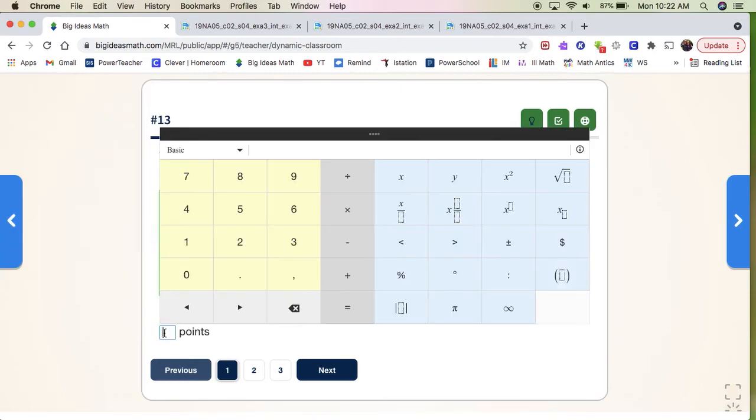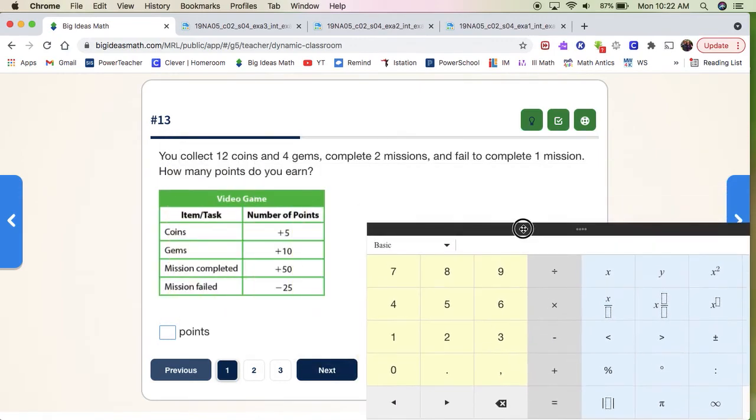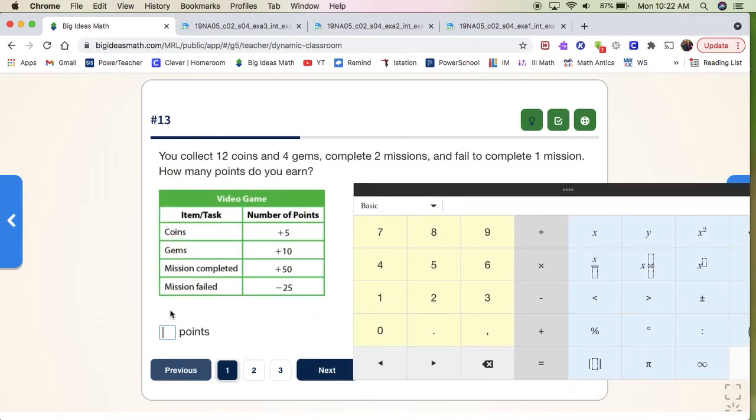So first let's do the coins. Remember, you collected 12 of them, so I would do parentheses, 12 times 5, because you got 12 coins and they're worth 5 points each. And then I would add to that the 4 gems, which are 10 points each. So I'm going to use my parentheses again: 4 times 10.